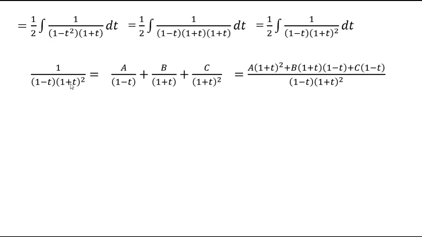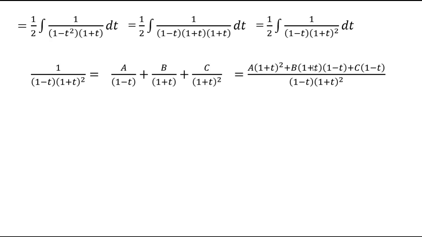If some factor is repeated, we have to write it as: b upon 1 plus t, since a is already used, plus c upon 1 plus t square. See how to write it. And then add by taking LCM.